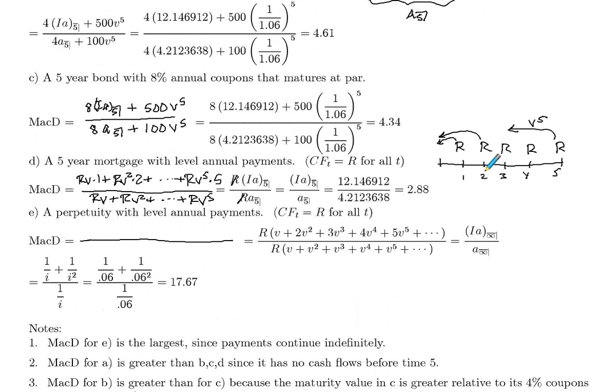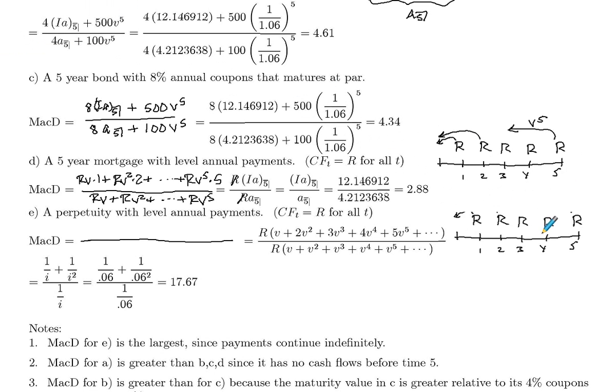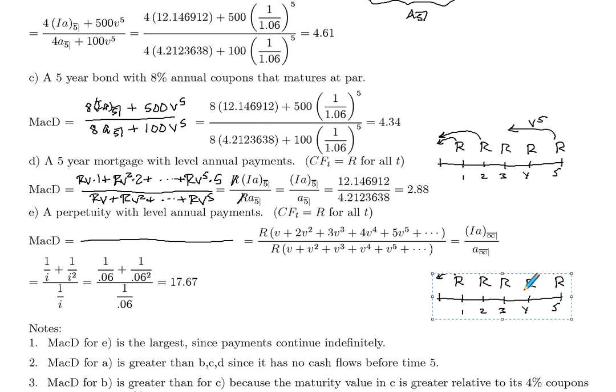So here, our timeline is going to look the same as it did up here, except it's going to keep going. All we need to do is extend this timeline.